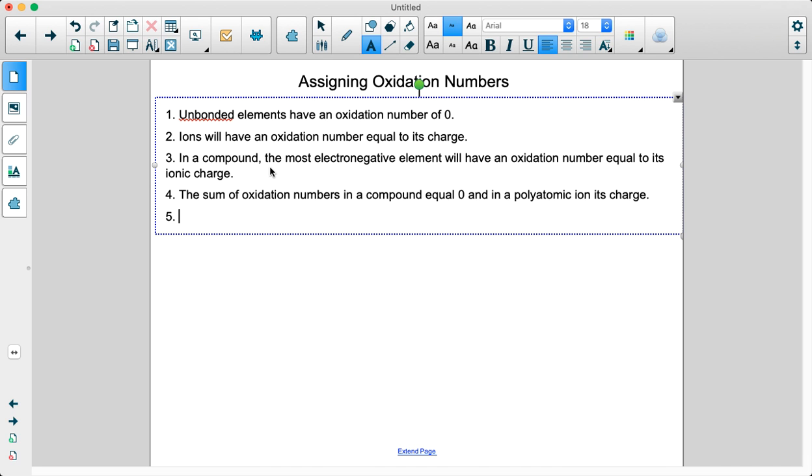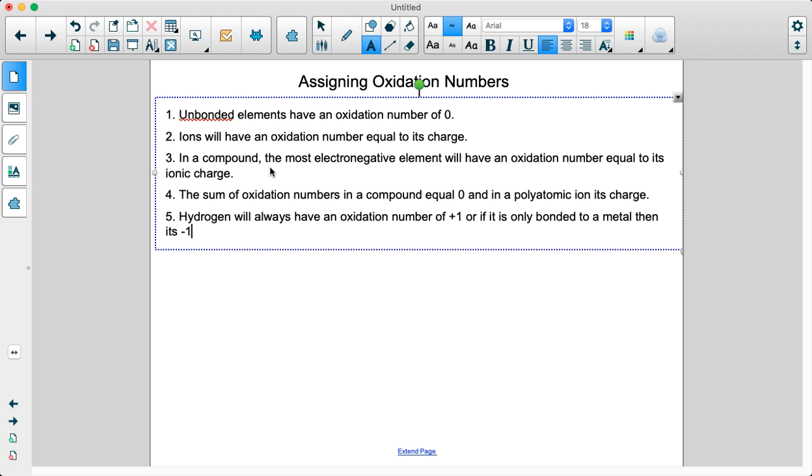Fifth rule is that hydrogen will always have an oxidation number of +1, or if it is only bonded to a metal, then it's -1.